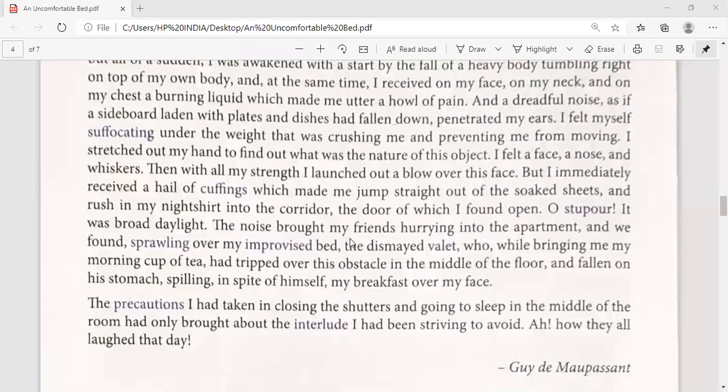When the servant in the house, the chateau, opened the door in the morning, he did not expect that the narrator might be sleeping in the middle of the room. He thought he might be sleeping on the bed, and there was complete darkness in the room. When he entered, he just fell upon the narrator, who was having tea and breakfast brought for him, and the tea and breakfast fell upon the face, neck and chest of the narrator. Due to his foolishness, he made himself a joke.